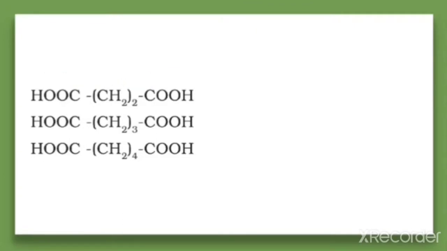So you can count how many carbon atoms are in the main chain: this carbon 1, here 2 carbons, so 3, and here 1, 4. So a total of 4 carbons are in the main chain.